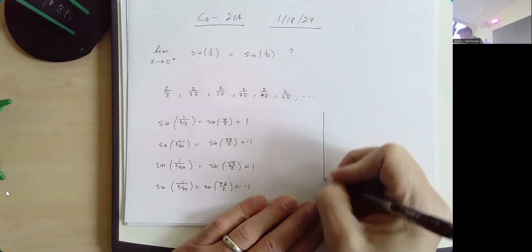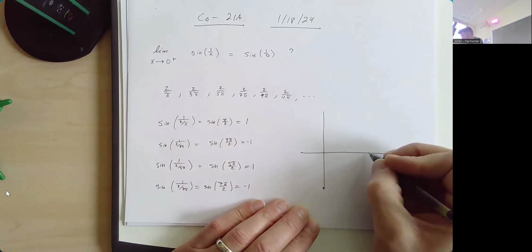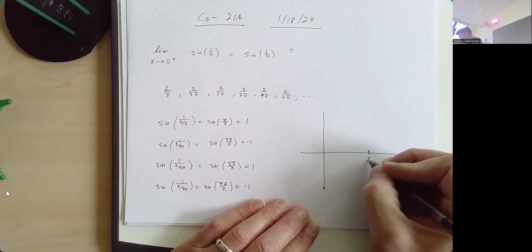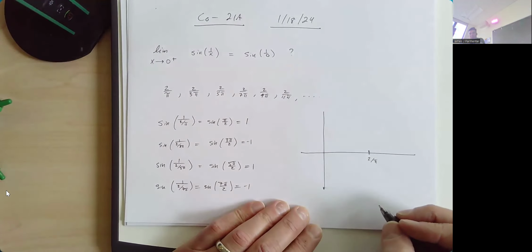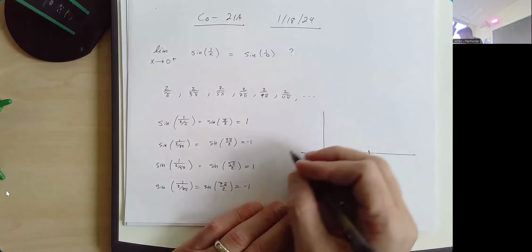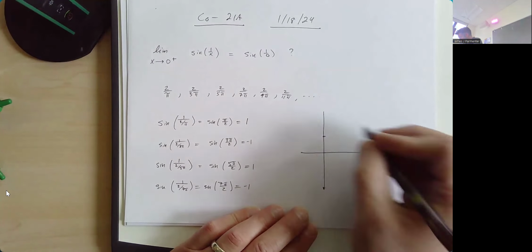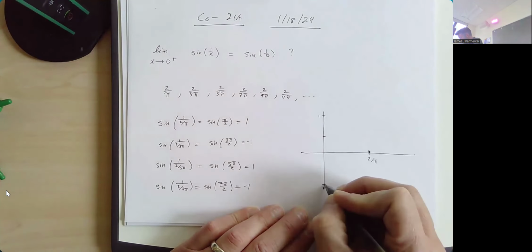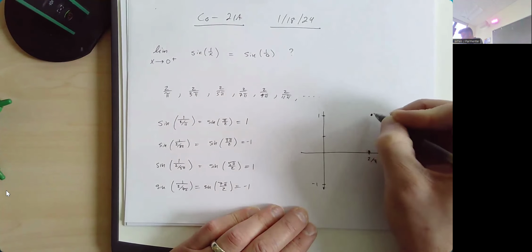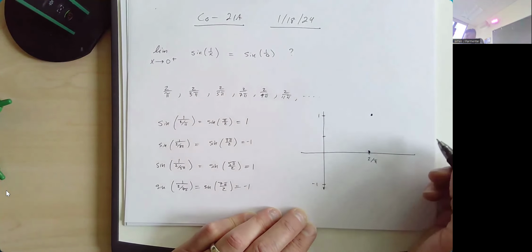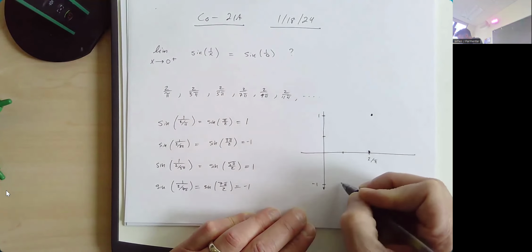Graphically, here's what this is kind of looking like. If this is, say, 2 over pi, which is a little bit less than 2/3, my value is 1. And then say 2 over 3 pi, which is like 2 over 9, so much smaller, I'm getting -1.